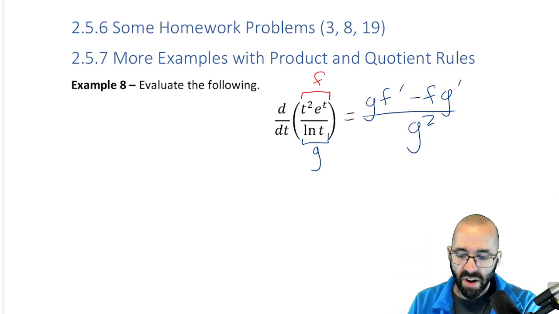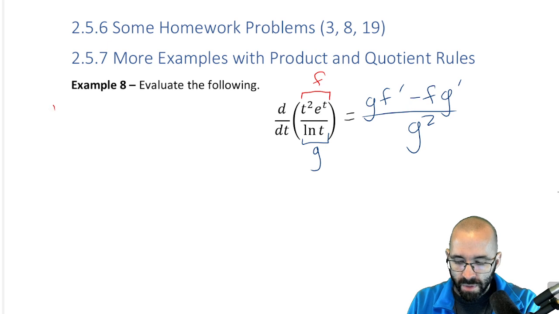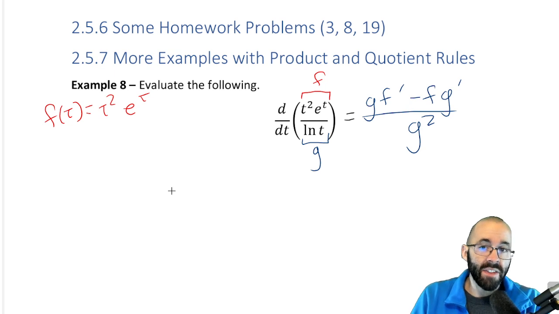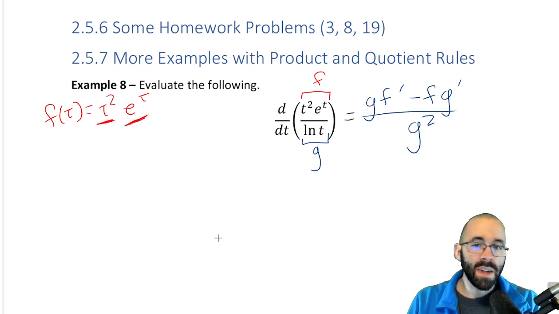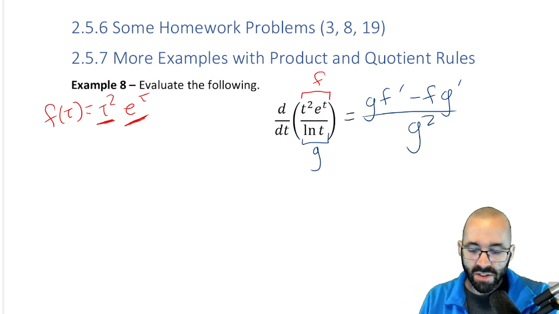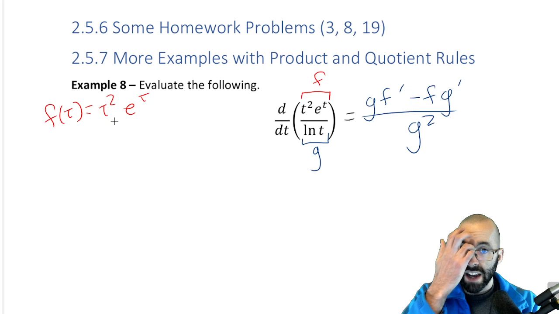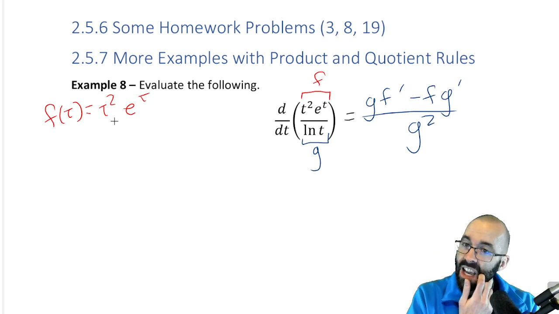The problem is finding f prime is going to take a couple other steps. So f of t is t squared e to the t. We need to find the derivative, but again, there's a function here being multiplied by a second function. We already have an f and g, so we can't use the same letters again.